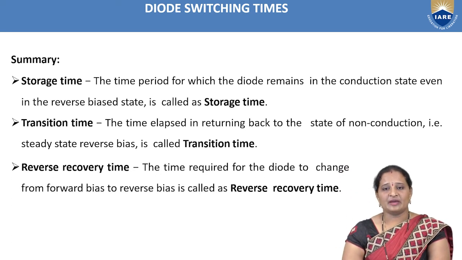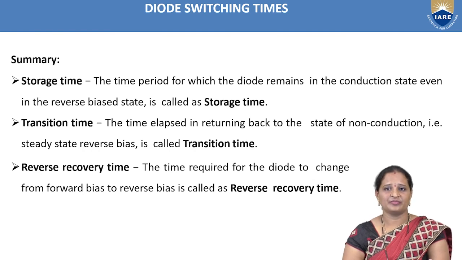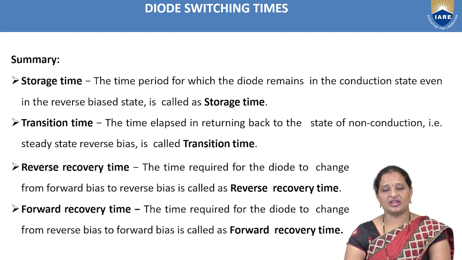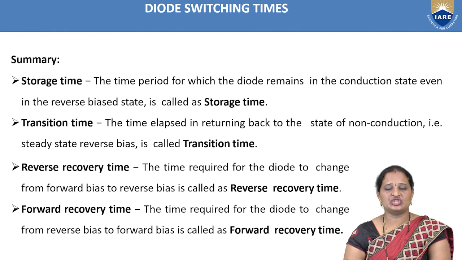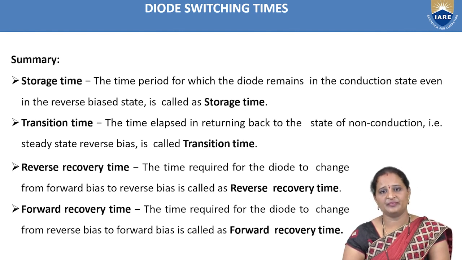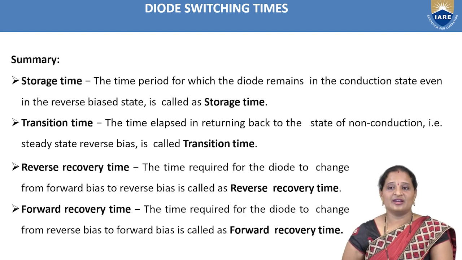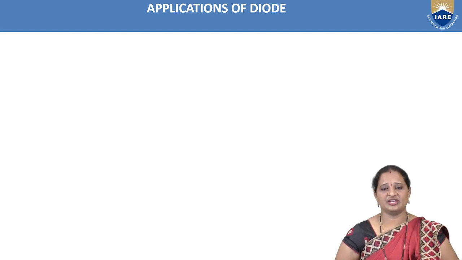Reverse recovery time: the time required for the diode to change from steady state forward bias to the steady state reverse bias is called the reverse recovery time. Next, forward recovery time: the time required for the diode to change its state from steady state reverse bias to the steady state forward bias condition is known as the forward recovery time. So that is about the diode switching times.